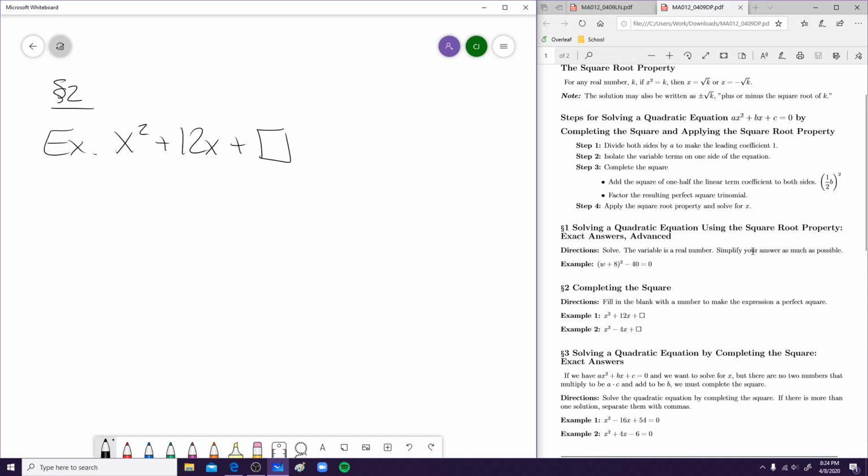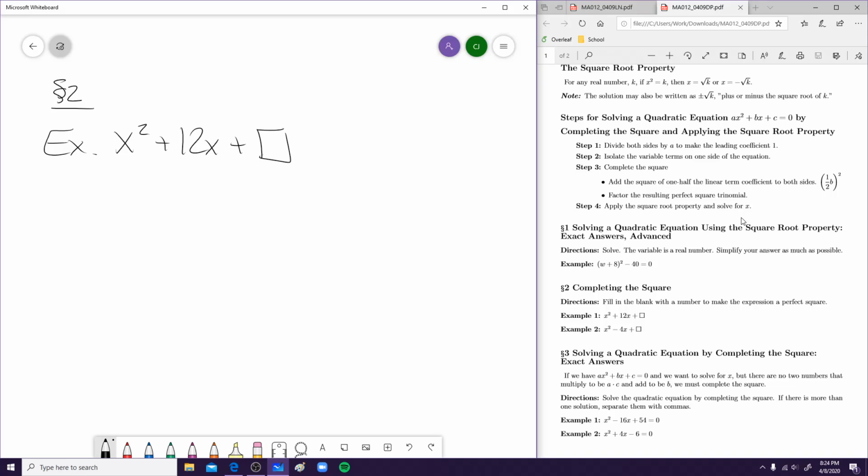You want to add the square of 1/2 the linear term coefficient to both sides. In this case, since this is an expression, we don't have to add to both sides, but essentially you want to get 1/2 b quantity squared.